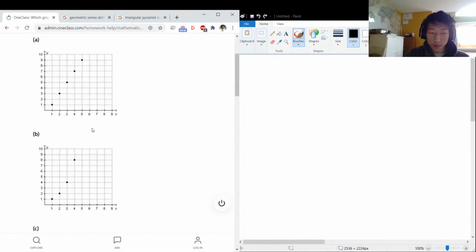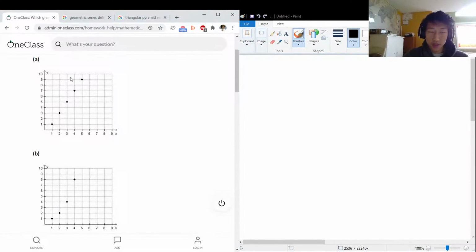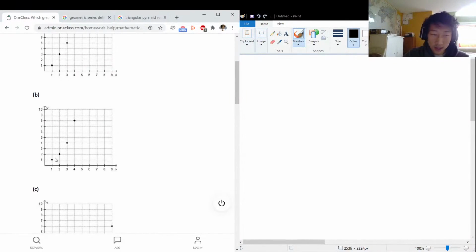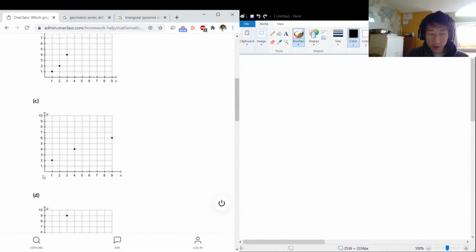So we have four options. This is a multiple choice type question. Our first option looks pretty line-like. Okay, straight line. The second one is a little bit curvy. The third one is a little bit curvy, but a little more sporadic.